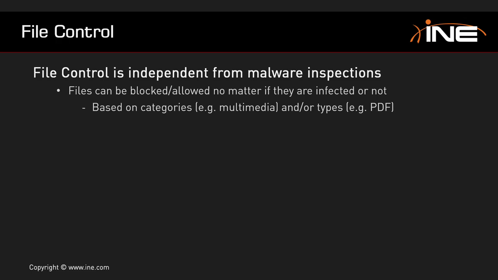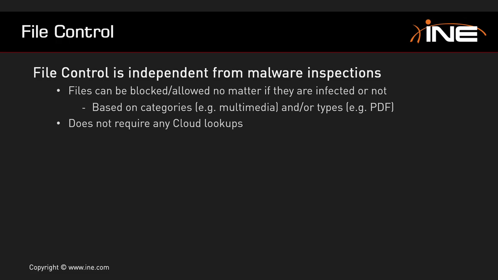So in this case, we are not going to be performing any type of antivirus analysis, and we will not be performing any type of cloud lookups. The file control is performed with a local engine, and the engine is going to be configured by selecting different categories or sets of types of files, or maybe individual file types, like, for example, PDF.